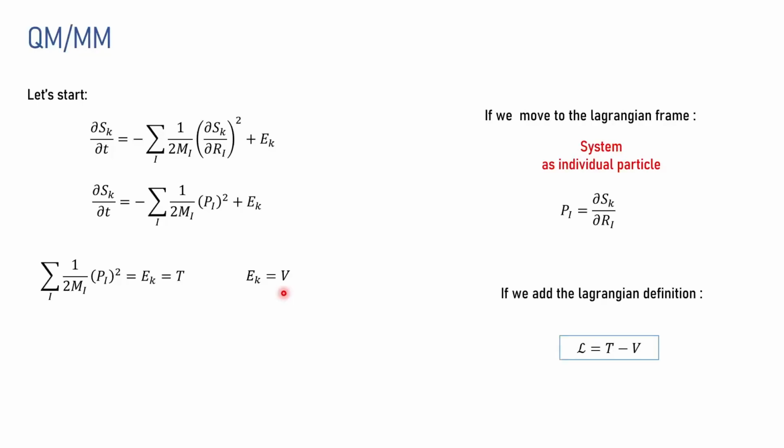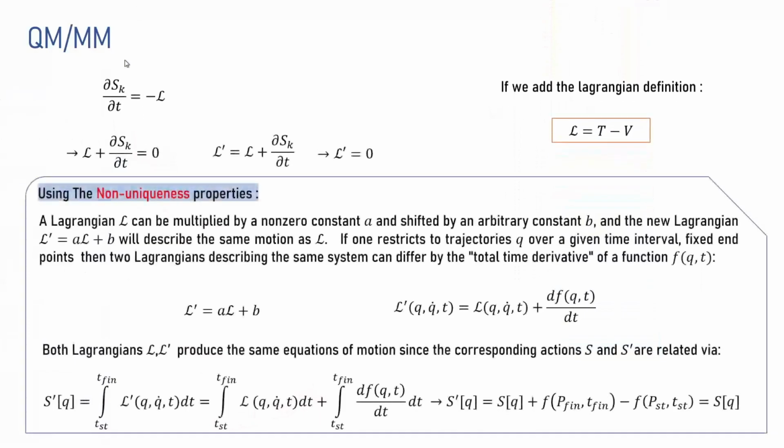Then we add the Lagrangian definition, which is L equals the kinetic energy minus the potential energy. So our equation will be: the partial derivative of Sk with respect to time equals minus L. If we move this minus L from the right side to the left side, we will have L plus partial Sk over partial t equals 0.